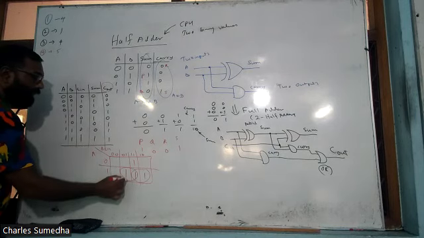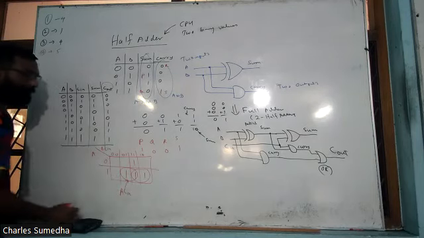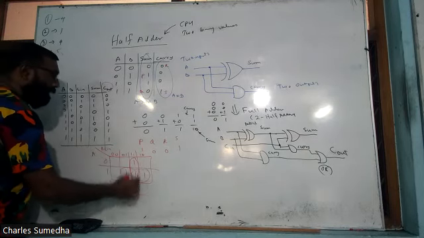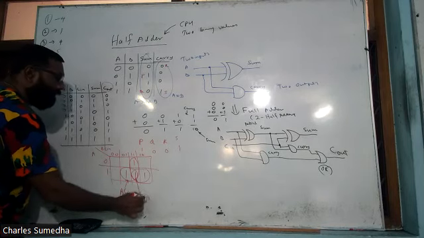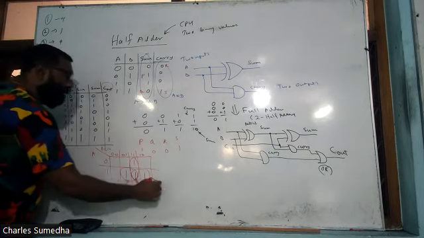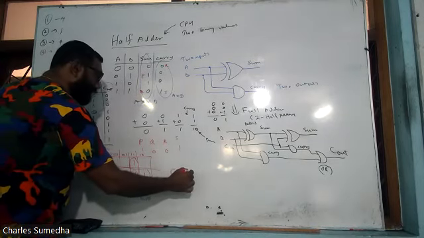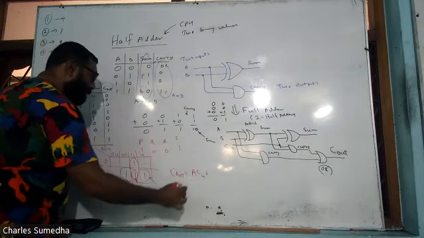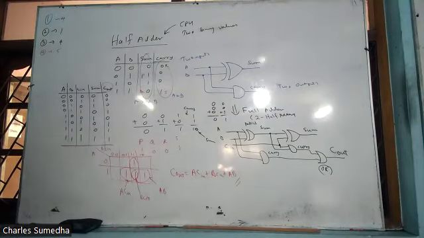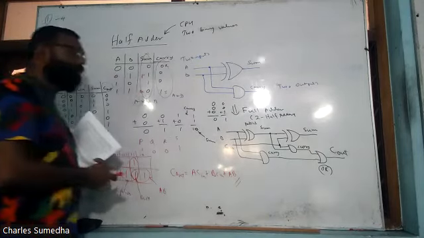Here A is common, C is common, so A C. When you consider this one, this will be B and C. This will be A and B. So the C out is equal to A C in plus B C in plus A B. So with the AND gate and with the OR gate, you can develop that.